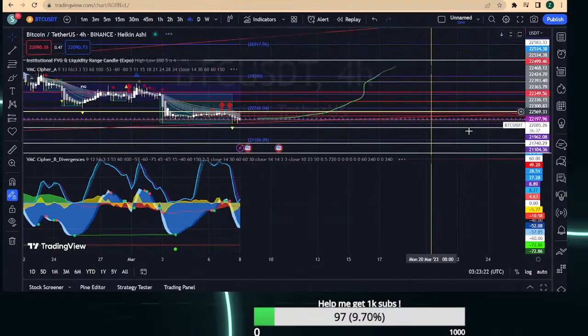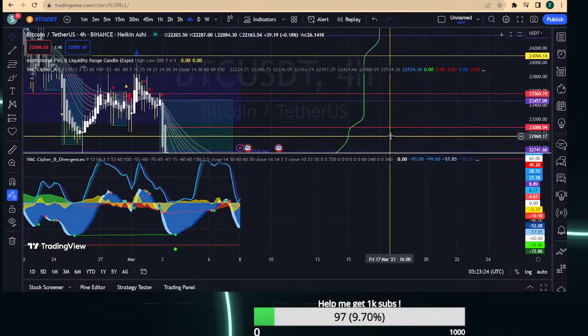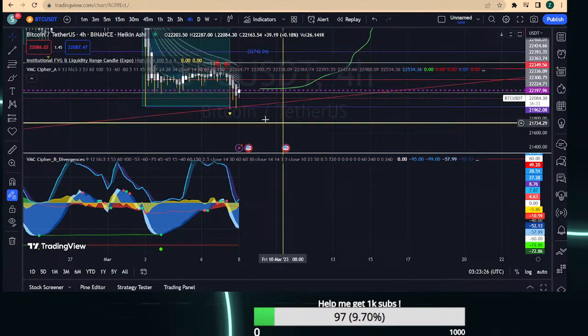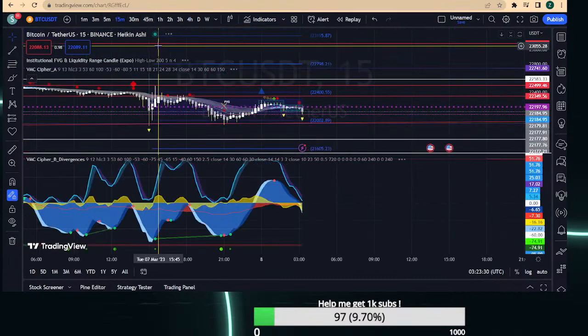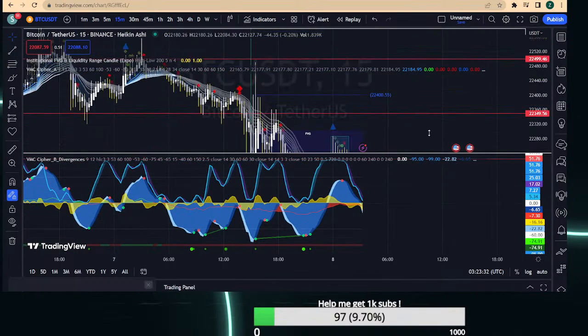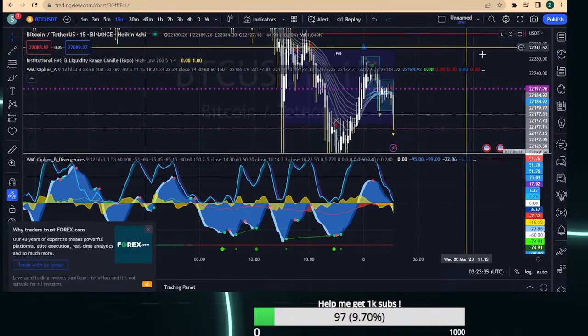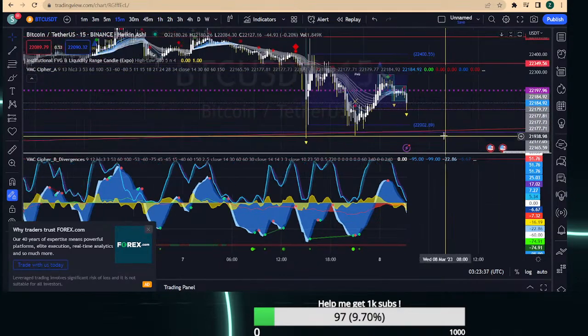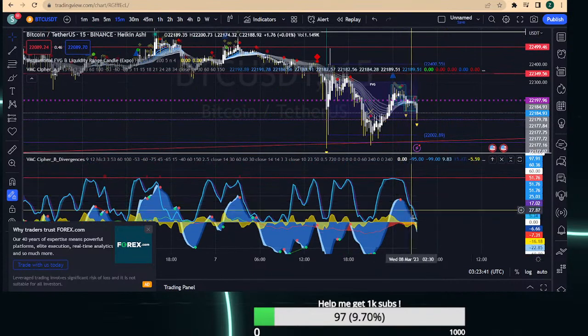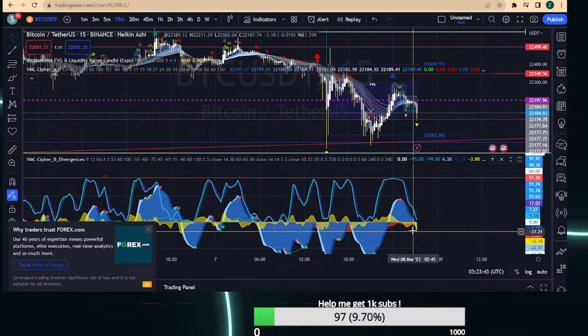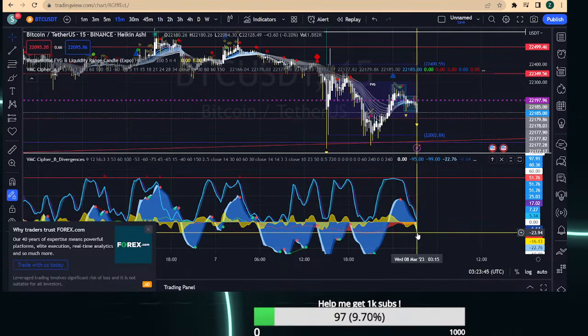Let's look at the 4-hour again. Come down to the 15 again. So it's getting rejection. So stochastic's coming down, VWAP's down, money flow's coming down, and now the momentum's coming down.